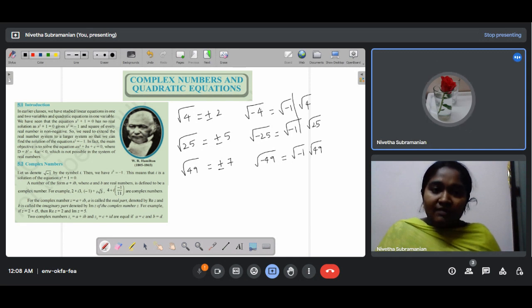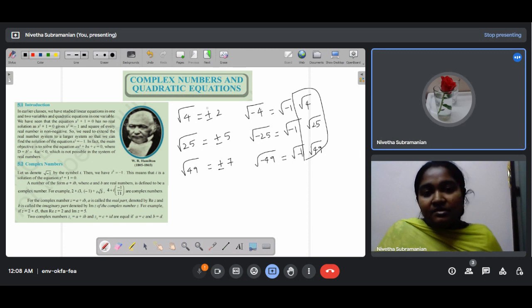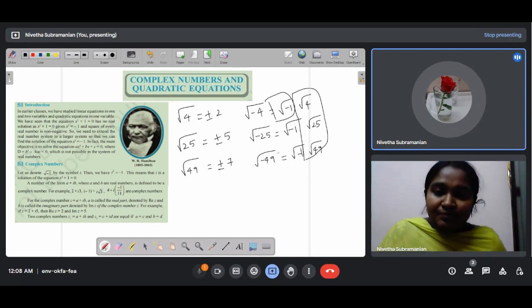We all know the value of root of 4, root of 25 and root of 49. That is plus or minus 2, plus or minus 5, plus or minus 7. But we don't know the value of root of minus 1. Here you can see that root of minus 1 is commonly present in these three terms, right? Here, here, and here.